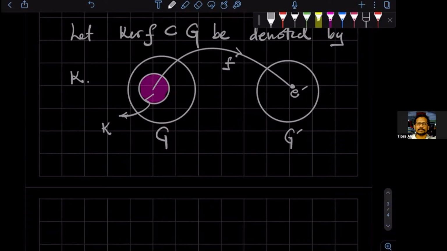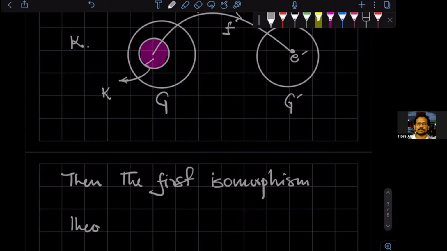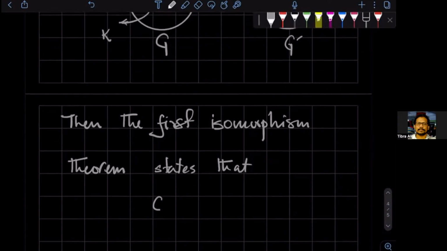So let K be the kernel of F, then the first isomorphism theorem states that G over K is isomorphic to the image of F, okay?